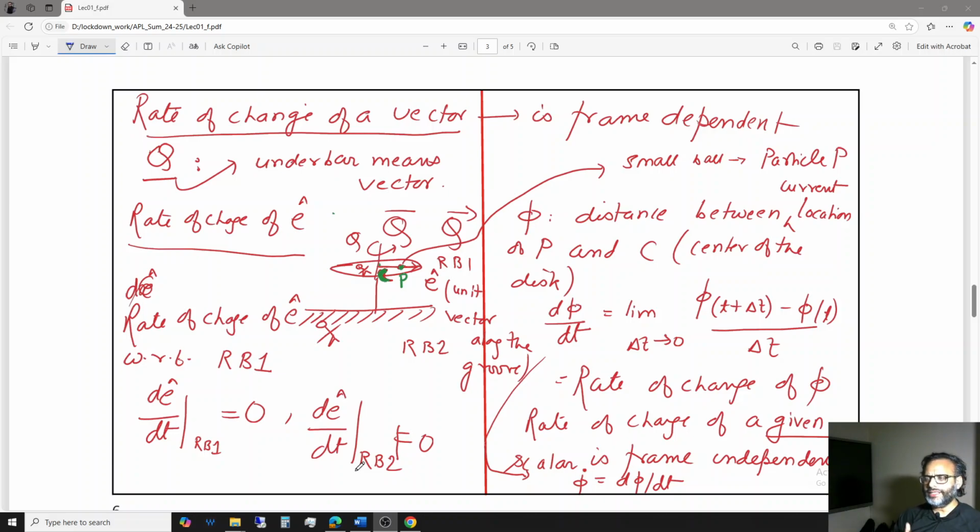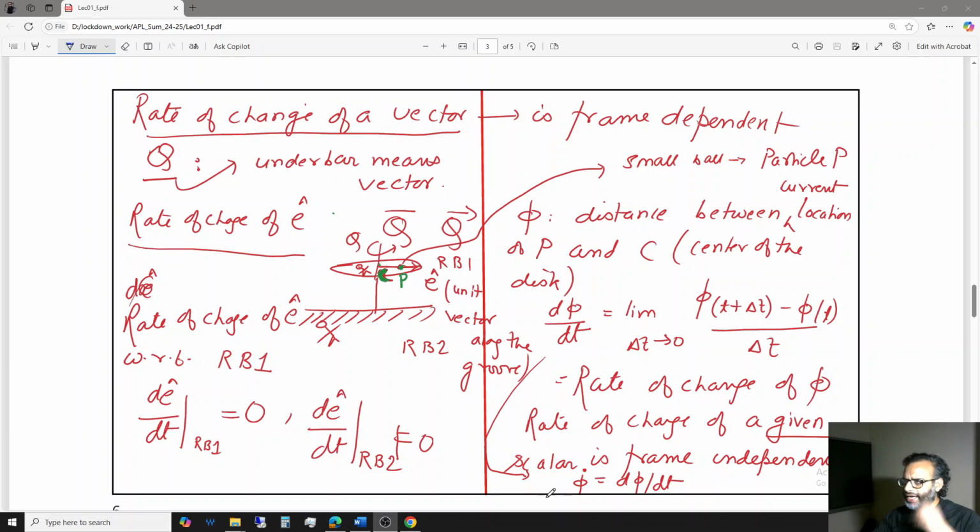Once I realize this, I become curious that while the rate of change of a vector is frame dependent, how about the rate of change of a scalar? Is it frame dependent? Now this is my answer.